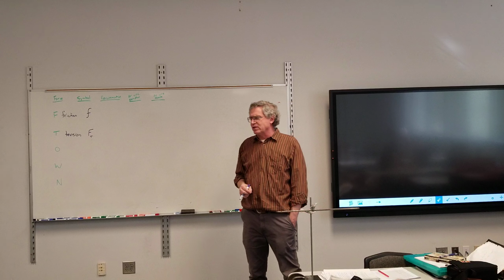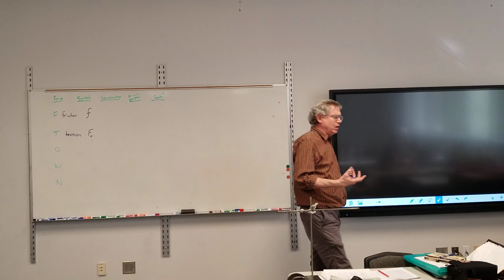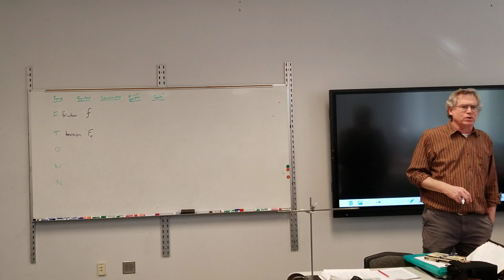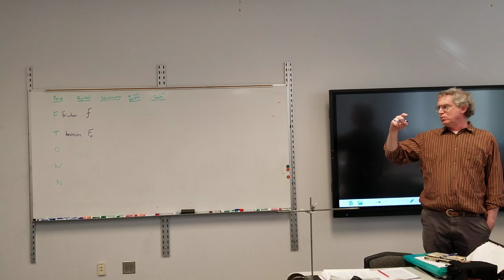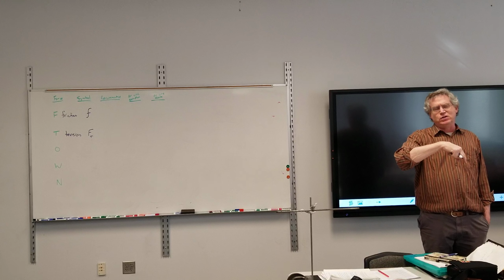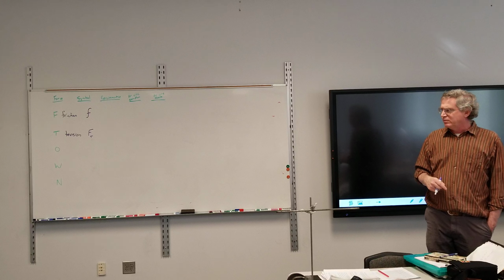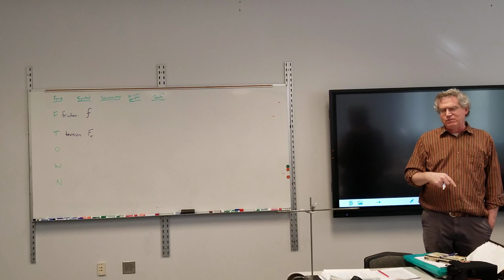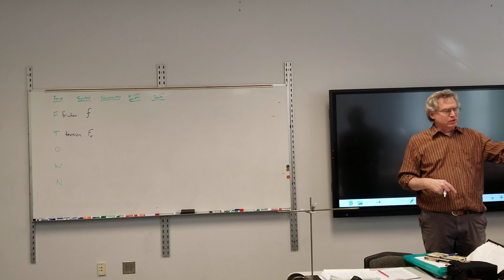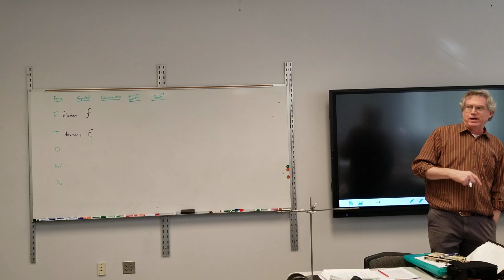I used to use just a capital T for tension, and you can get away with that for a while, but we eventually get to a chapter where we need to use period and tension, and the symbol for period is a capital T. So I'm trying to use F subscript T for tension, just so I don't have to change my mind later on.